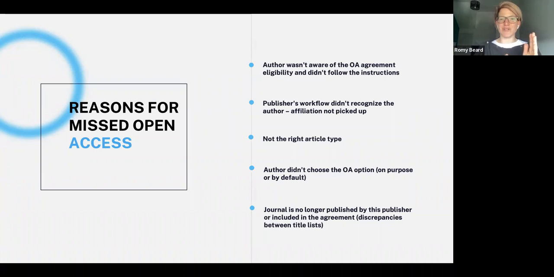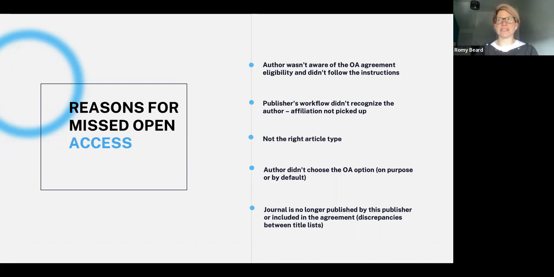Closed access is the default and you actively have to opt in to publish your article open access. And I'm hoping that more publishers will go to that kind of default open access, but that is another reason why sometimes, although you're eligible, perhaps you just miss the tick box and are pushed in that direction, or you see different agreements and you don't know what it means.